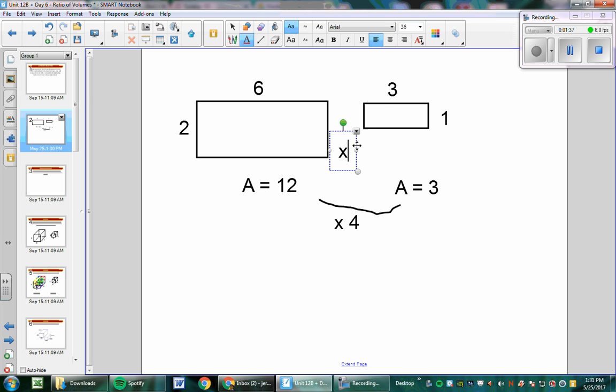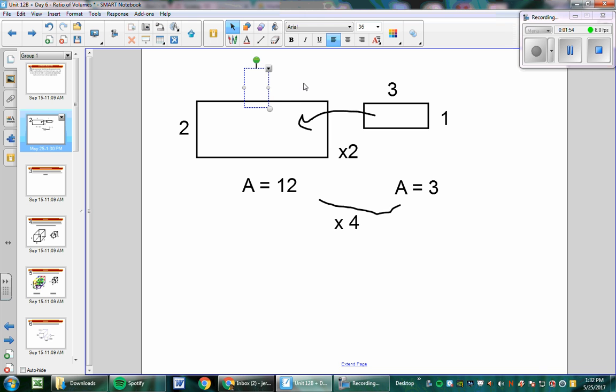We investigated this a little further, and we saw that whenever I multiply my sides, I'm going to square it to get the area factor. So let's try multiplying the sides by 3. This would be 9 and 3.